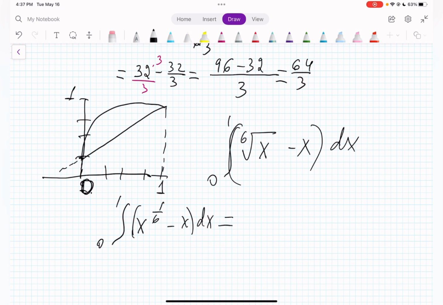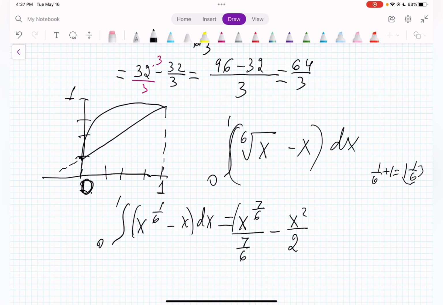And what do we get? X to power 1 over 6 plus 1. I'm getting 1 over 6 plus 1, which will be 6 and 1, 7 over 6. I'm multiplying. 1 times 6 is 6, and plus 1 is 7 over 6. So I'm getting x to the 7 over 6 divided by 7 over 6. And minus, this is going to be x squared over 2.